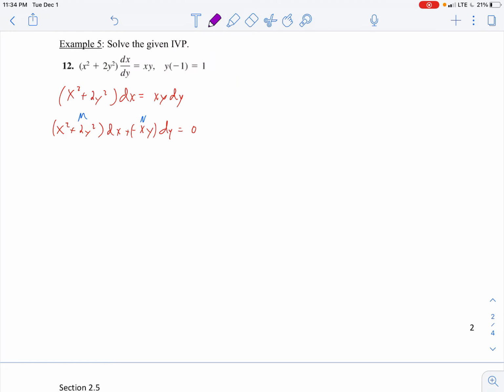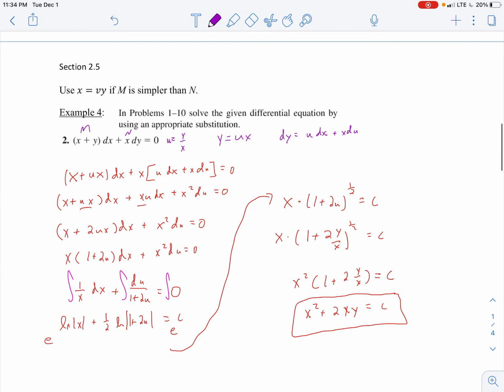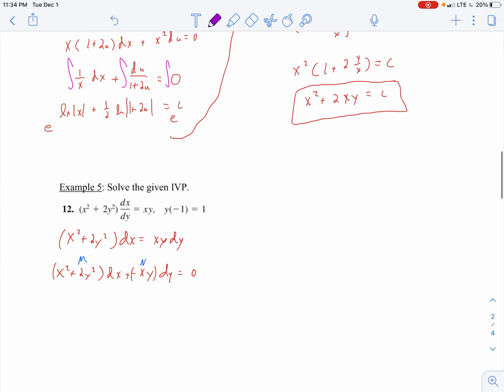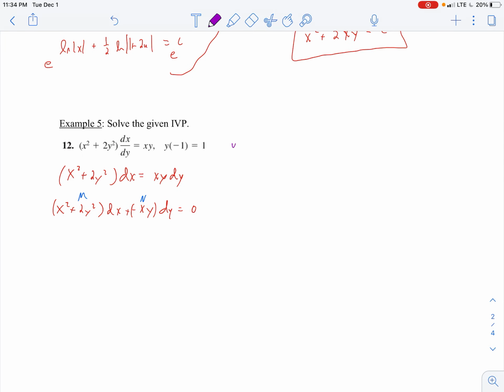Because N looks like it's easier to deal with, and it's the same one that we used up here, we're going to say u is equal to y over x. And we're going to say that y is equal to ux. And our dy is going to be dy equals u dx plus x du.